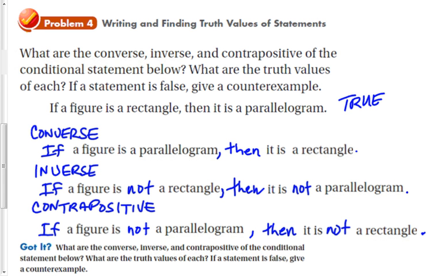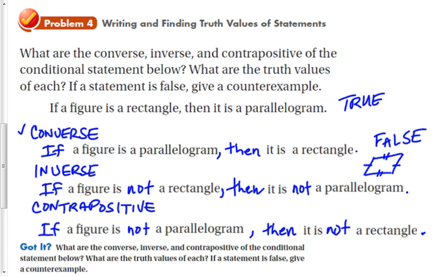And the second statement, the converse, so we're talking about this now, if a figure is a parallelogram, then it is a rectangle. And we're going to say that's false because rectangles need 4 90-degree angles, and you can have a parallelogram that looks like that, where opposite sides are congruent, but you do not have 4 90-degree angles.